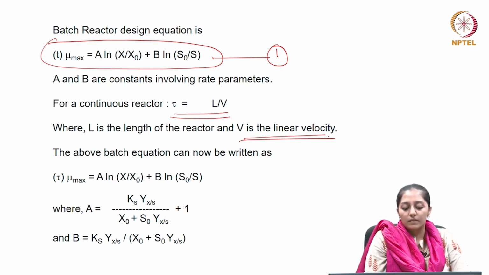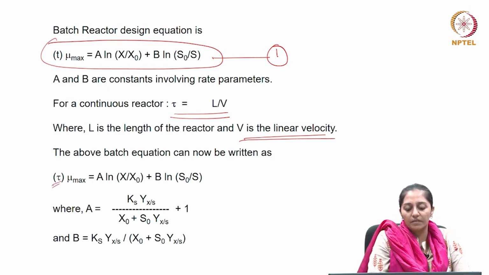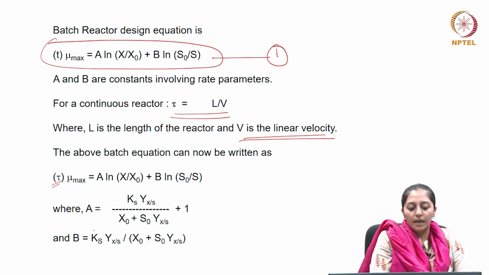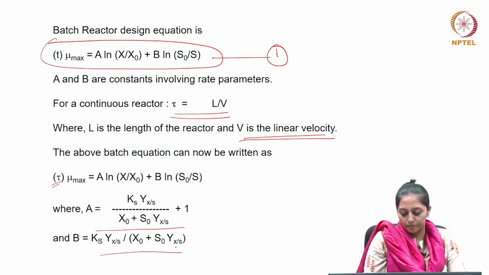Now this batch equation can be written by substituting t with tau, the residence time given as L by V, and A and B are the constants based on kinetic parameters and your inlet biomass and substrate concentration.